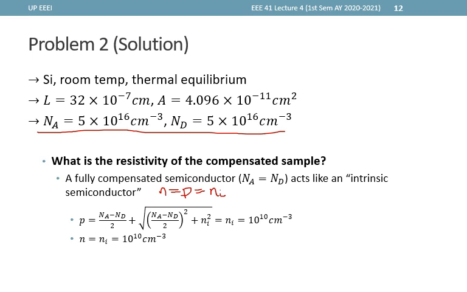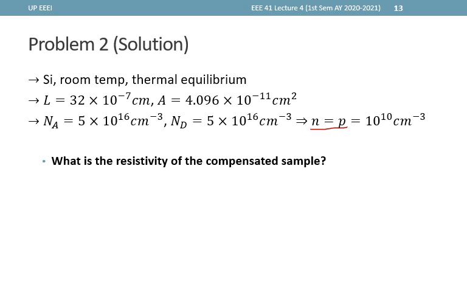And how do we prove that? Since Na is equal to Nd, then Na minus Nd must be equal to 0. And we'll be left with the square root of ni squared, which is simply ni. And this is actually this equation. So n is equal to p is equal to 10 raised to 10, since we have silicon at room temperature.